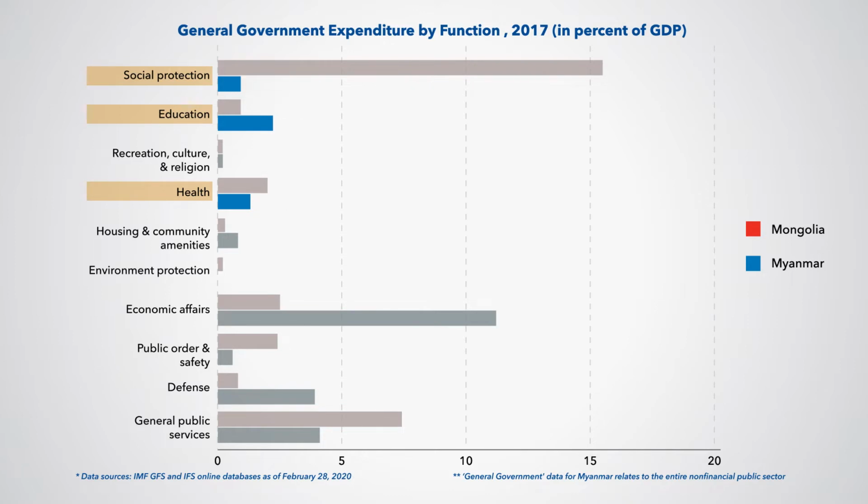The comparable data for Mongolia in 2017 were 0.9, 2.0, and 15.5% of GDP, respectively.